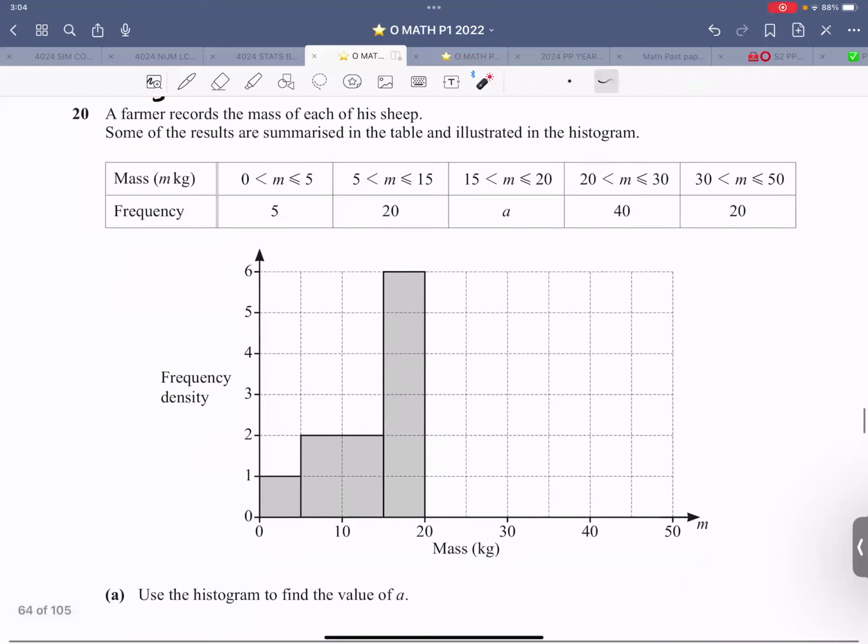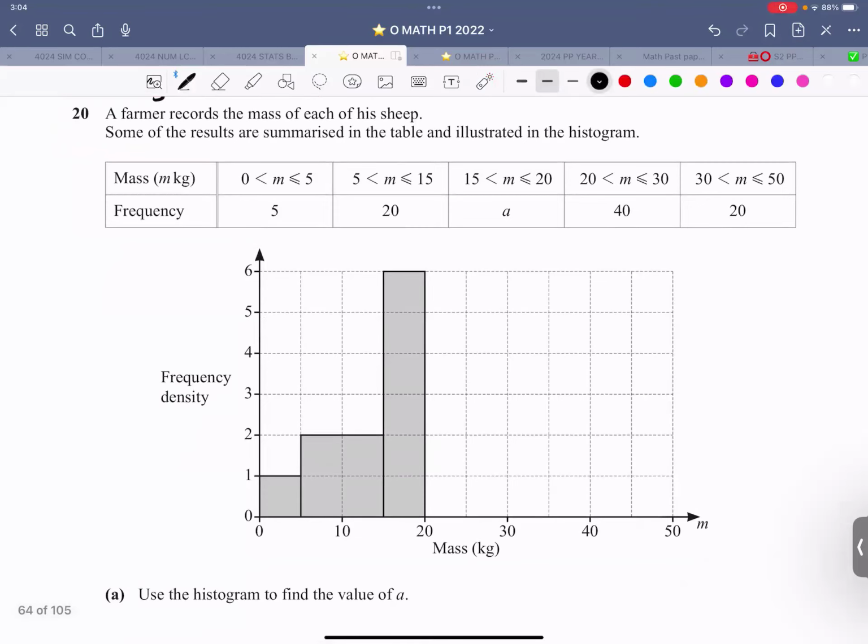First of all, we are interested in finding the value of A. So let me make a column over here, that is frequency density. And for the third column, which is 15 till 20, this is the frequency, and the frequency density, I can see from here, comes out to be 6.